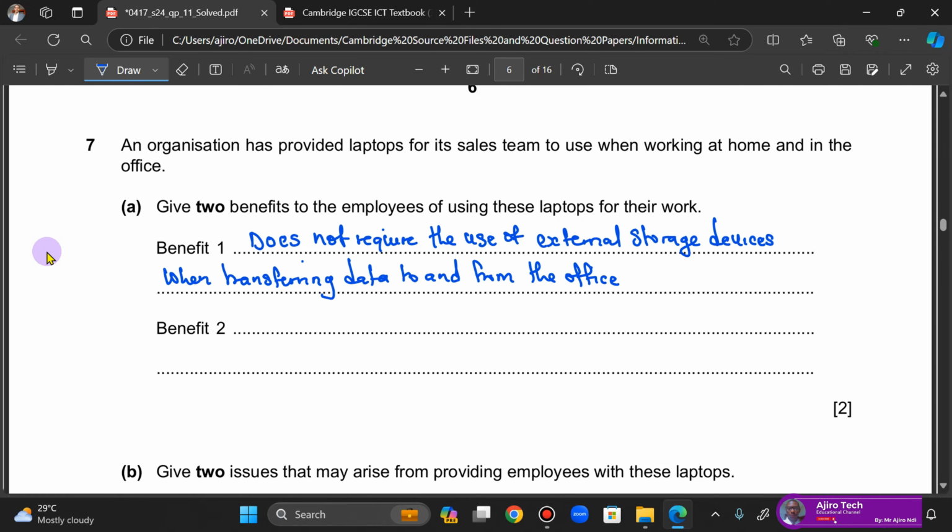Now, another benefit is it will only be used by the employee. So that can improve security.